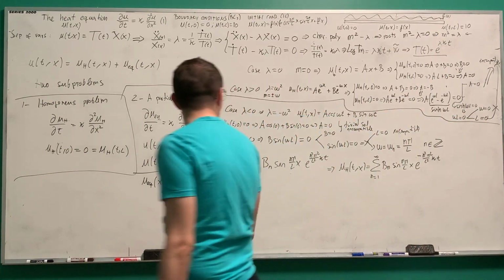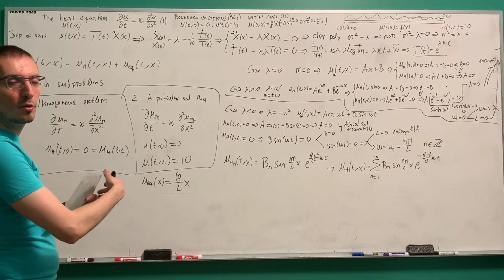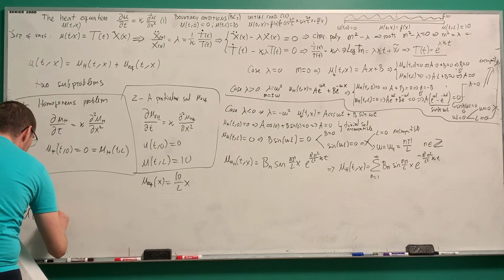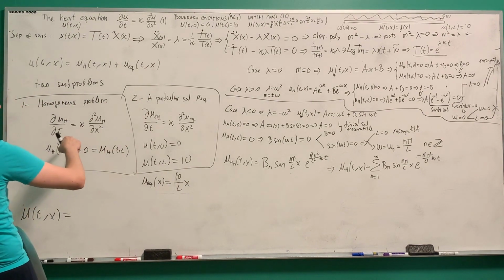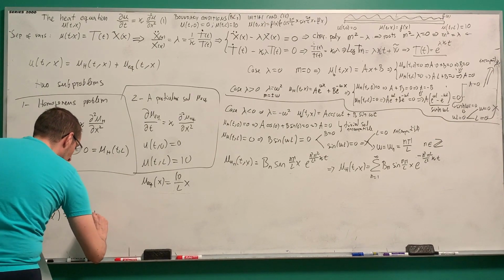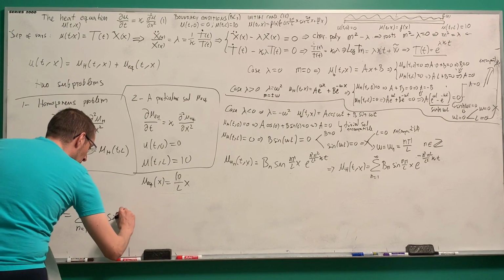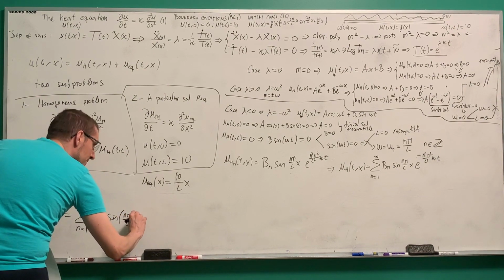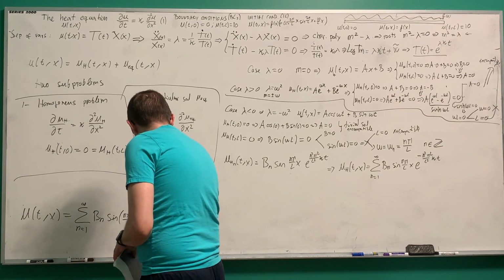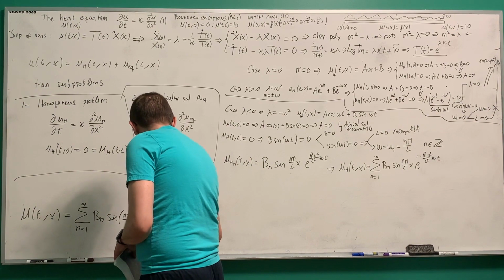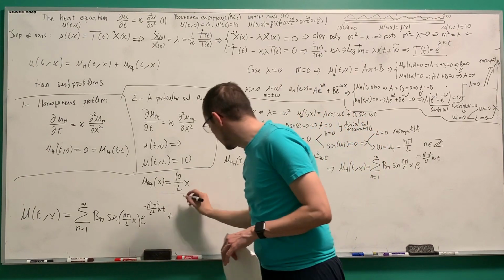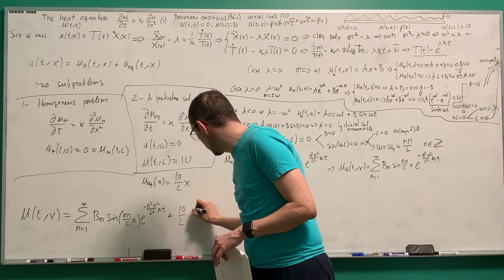All right, so now I can write the general solution to the total problem, which is u of T x: the sum of the general solution to the homogeneous problem, n equals 1 to infinity, Bn sine of n pi over L x exponential of minus n squared pi squared divided by L squared kappa t, plus the particular solution to the inhomogeneous problem, the equilibrium solution, 10 over L times x.